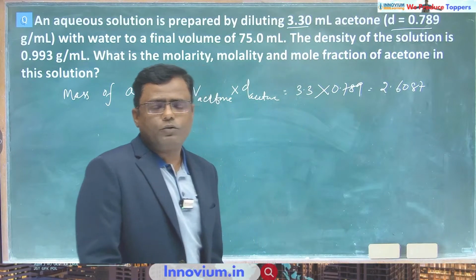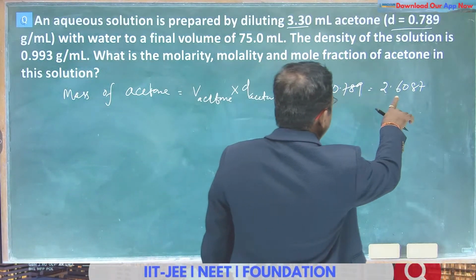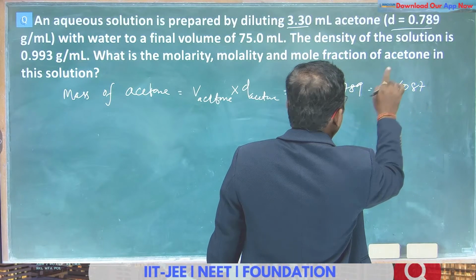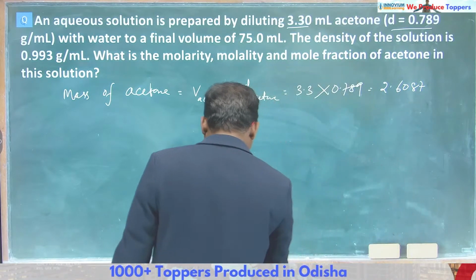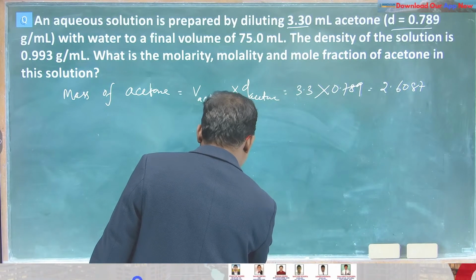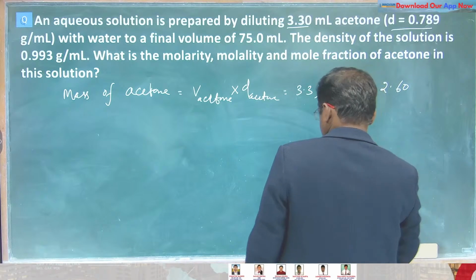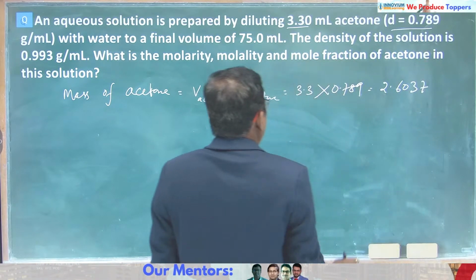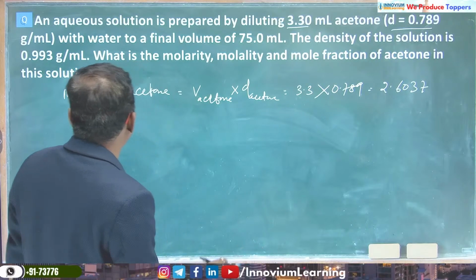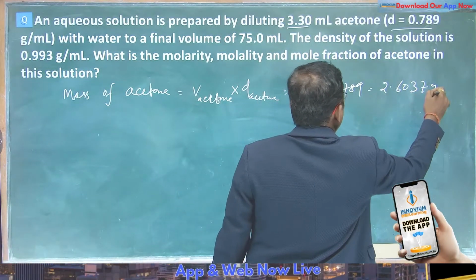Once you get that mass, 3.3 times 0.789, I think it is 2.6037. Okay, now this is the mass of acetone, this much gram.